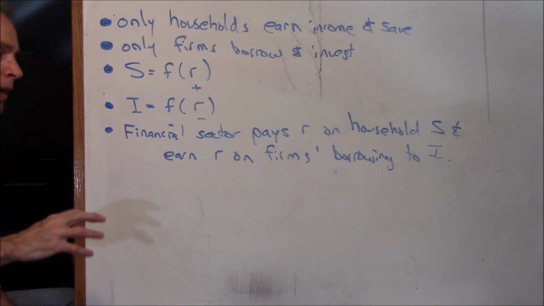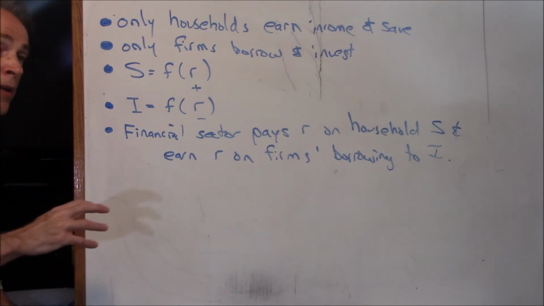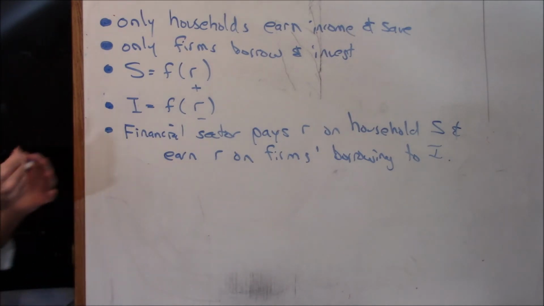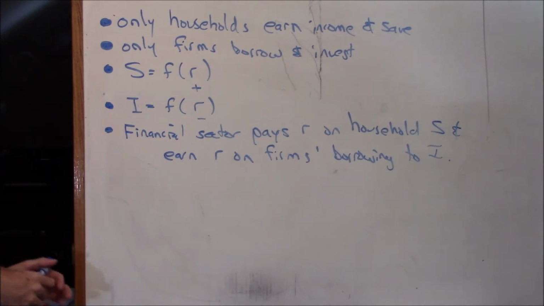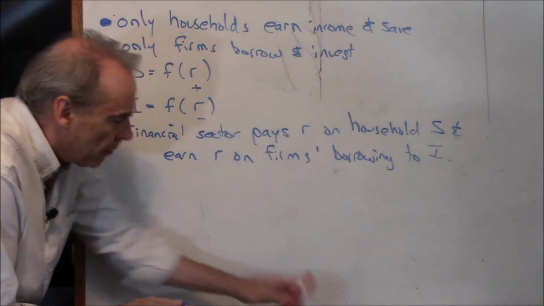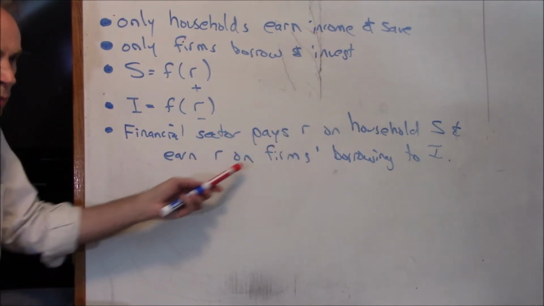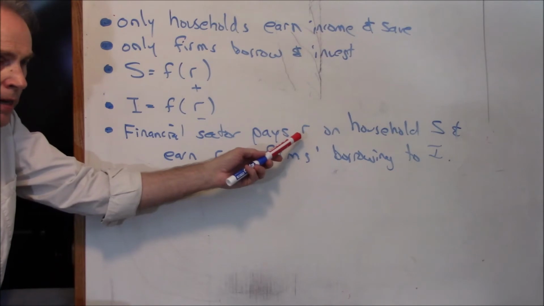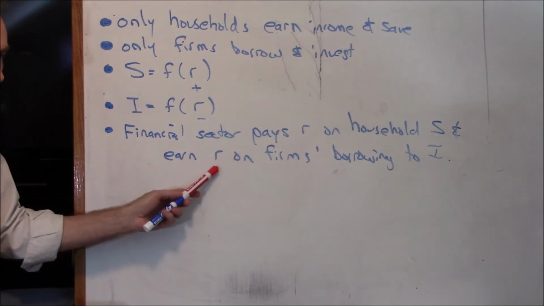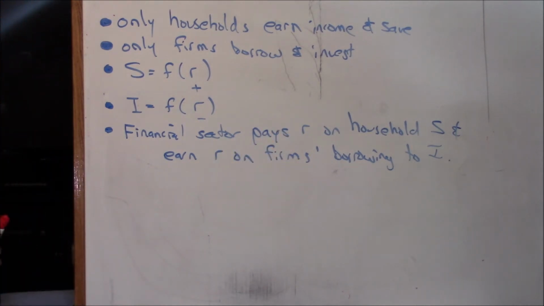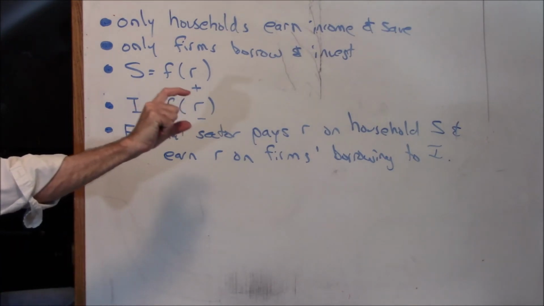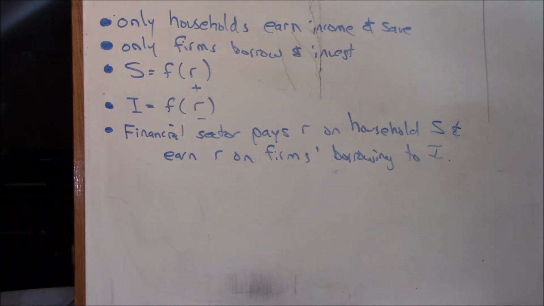And furthermore, if there's an increase in the demand for investment loans, they want to bring some more money in. By the way, of course, this interest rate and this interest rate are not the same one. They are paying less than they are earning on firm borrowing, and so they're making money off the spread between those two interest rates. If you're in a money and banking class, maybe you want to talk about that.